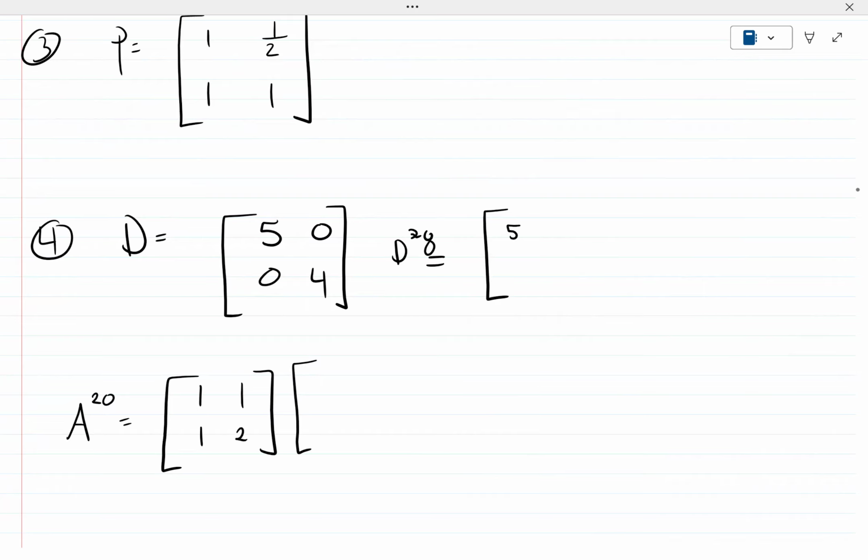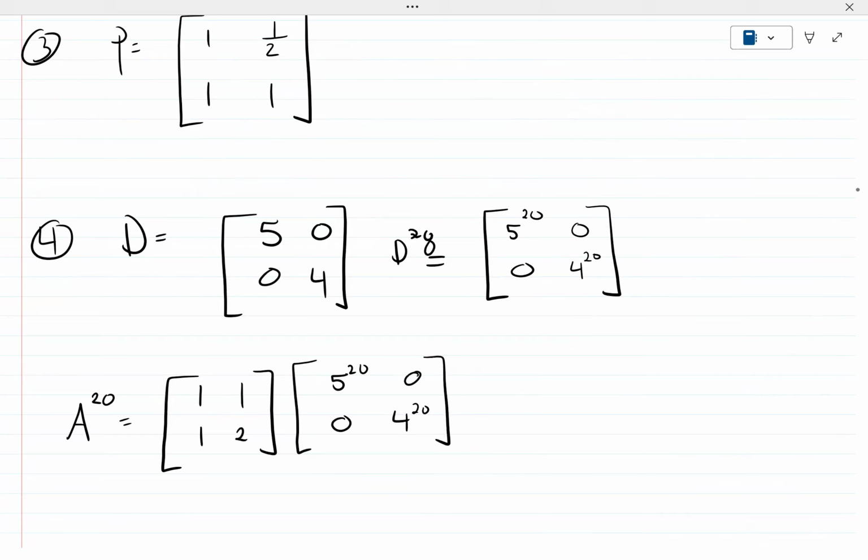I don't want to write it out because it'd be very large. It's a very large number, so we're just going to leave it as 5^20. This is 0, this is 0, and this is 4^20. So this is going to be 5^20, 0, 0, and then 4^20.